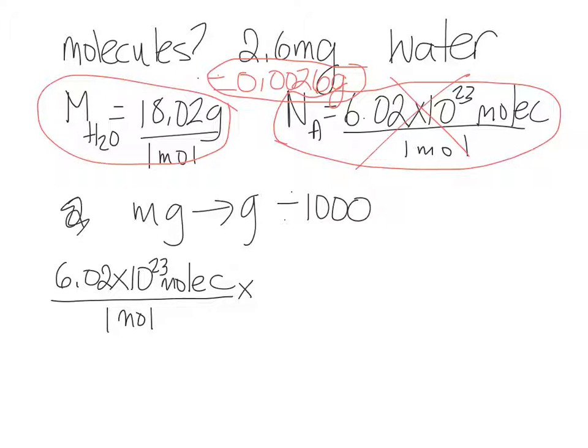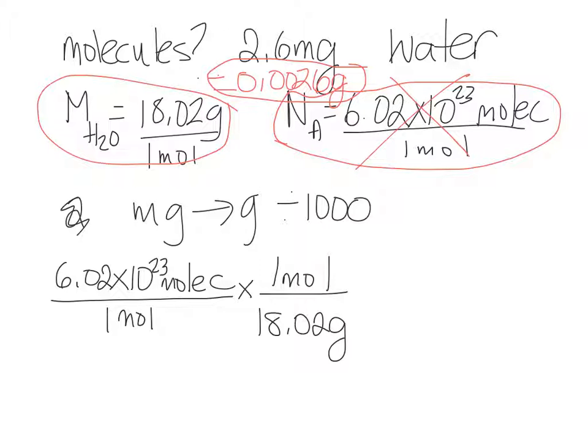The big M, the molar mass. Is the mole on top? No. We want the mole on top so that it cancels this mole down here. So it's got to be on the top. So I'm going to flip it.